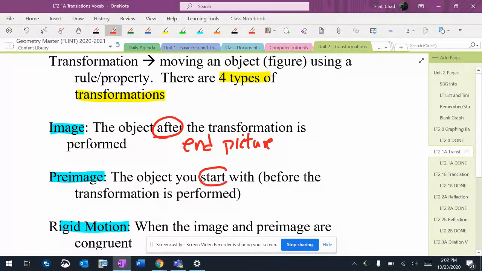The pre-image is what you start with. That is the beginning picture. So if it says, this is the pre-image, find the image, we have to make sure we're good. In the rare occasion that it says this is the image, find the pre-image, that means you have to go backwards and really think about the question.